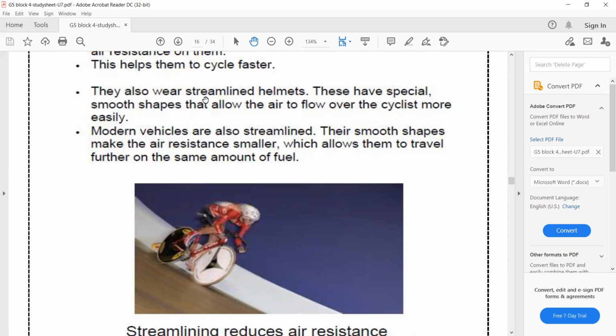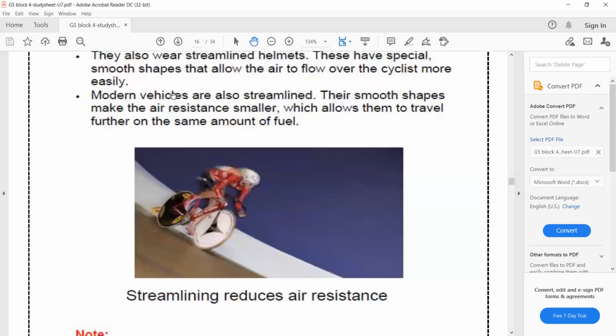They also wear streamlined helmets or streamlined suits. These have special smooth shapes that allow the air to flow over the cyclist more easily. Modern vehicles are also streamlined.